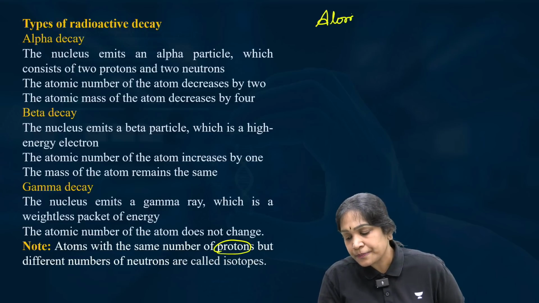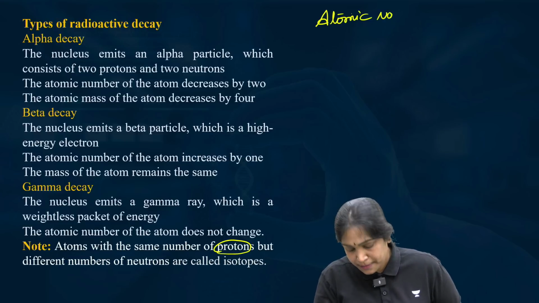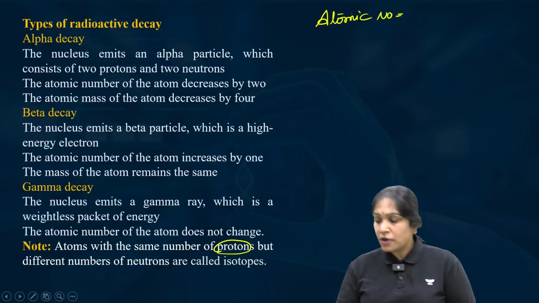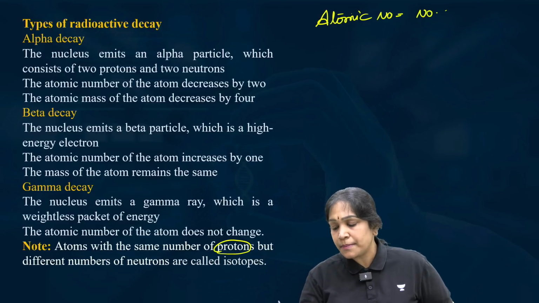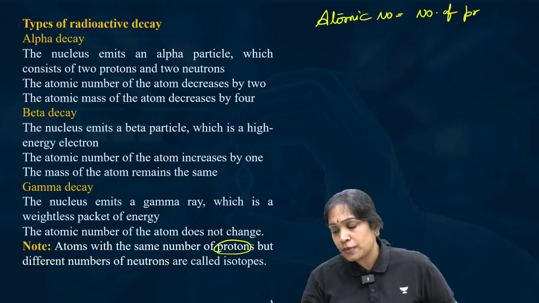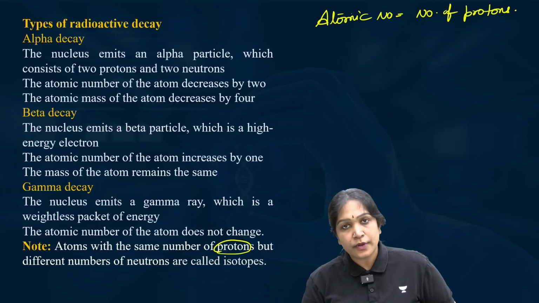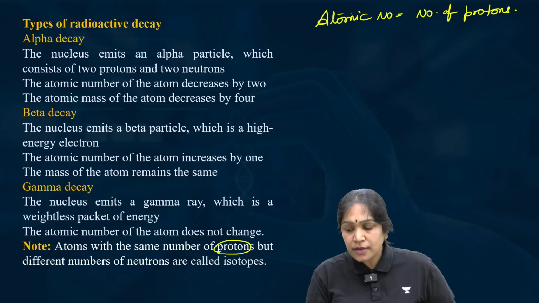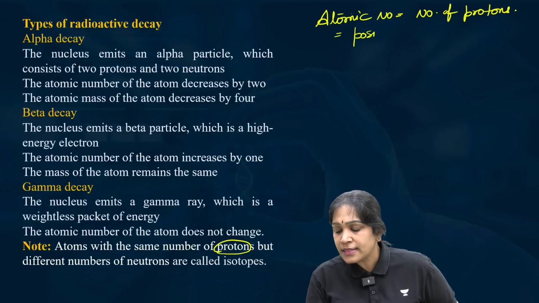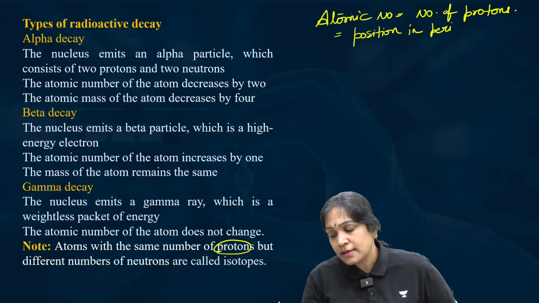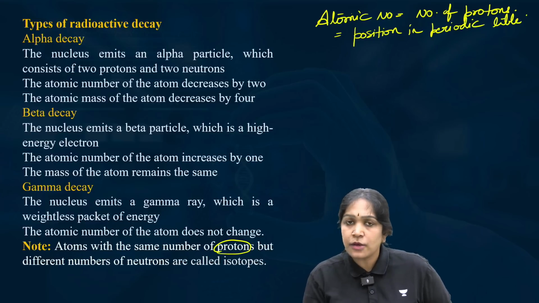What is atomic number? Atomic number is the number of protons, or the position in the periodic table. They will coincide.